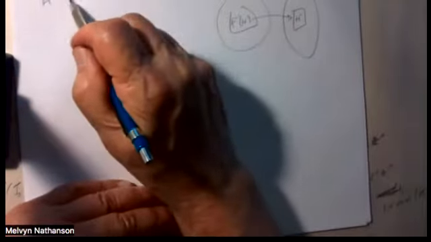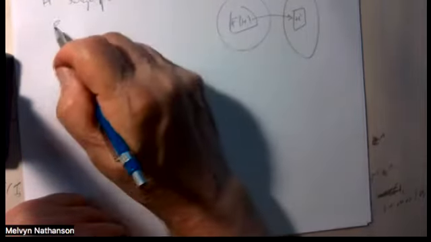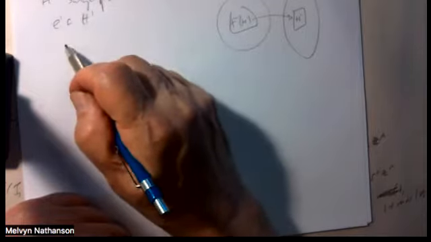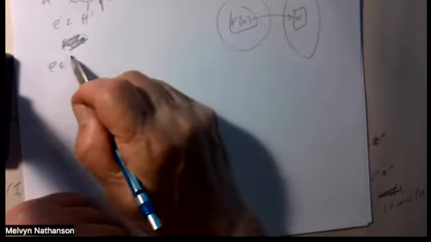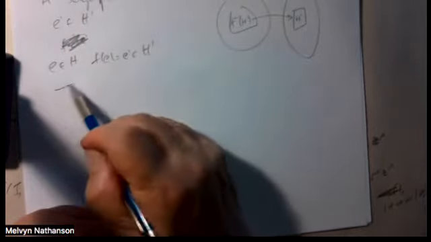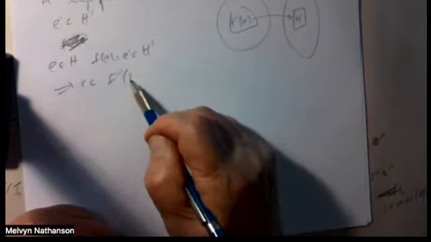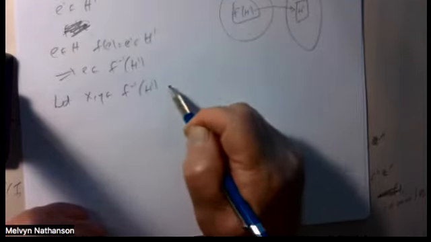So H prime is a subgroup of G prime. So the identity is in H prime. So if I take e in G, f of e is the identity in H prime. So e is in f inverse of H prime. And suppose we let x and y be in f inverse of H prime.